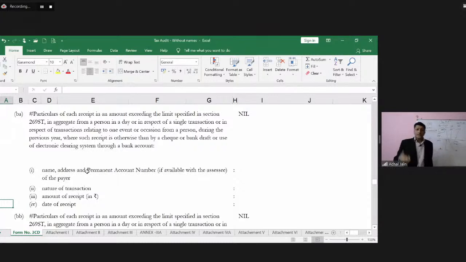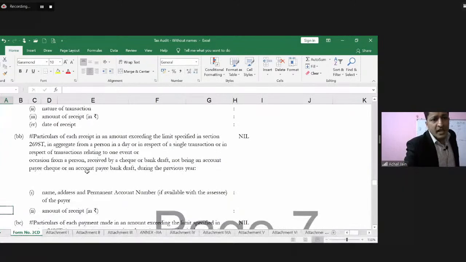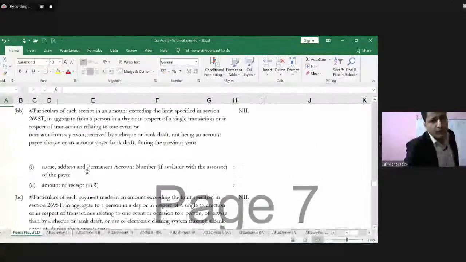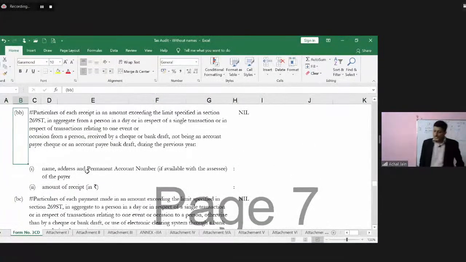Similarly, we can go to BB and BC. You can understand now, all of these are very much in line with what we discussed in B. So let's understand what is there in BB.